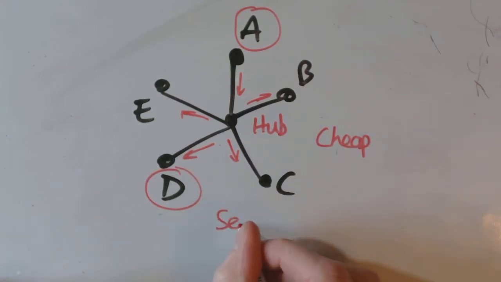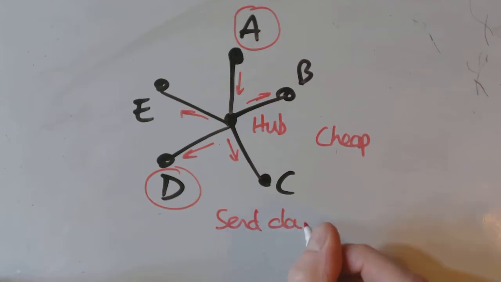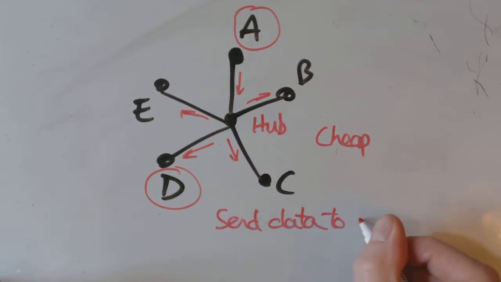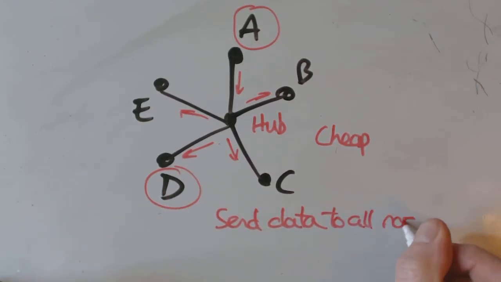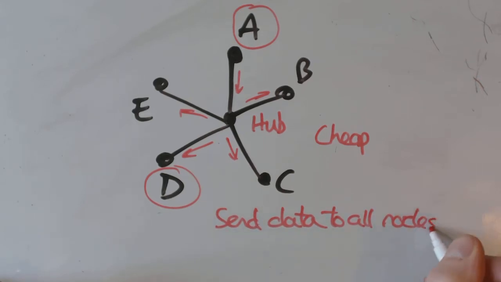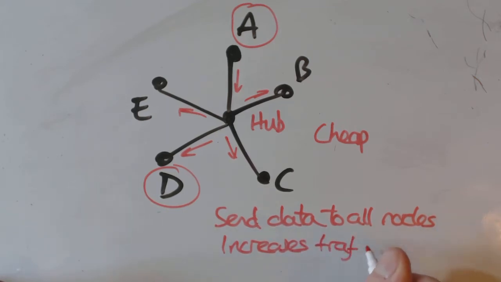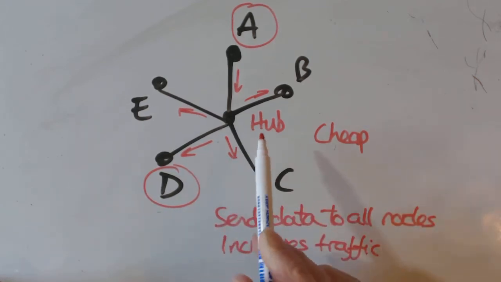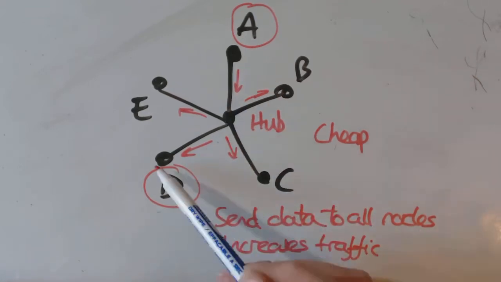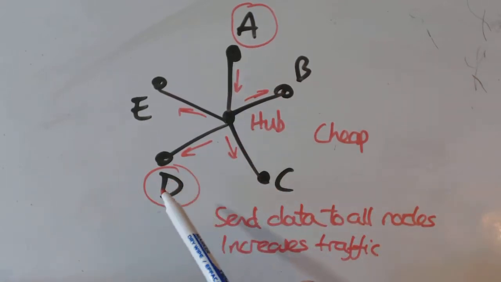However, it sends data to all nodes, and this is really bad for network traffic. It increases traffic. It is cheaper, but the reason why is it's not intelligent. It doesn't just send it to the node that it's destined for. So that's what we do using a hub.